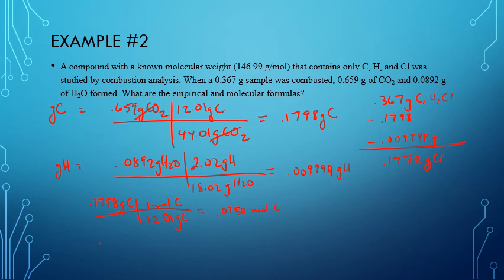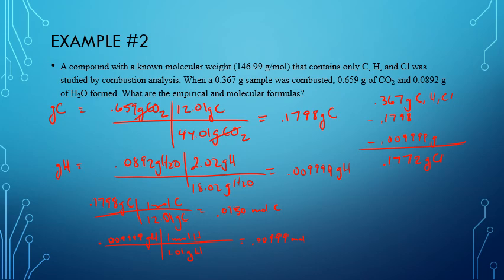We take 0.009999 for our grams of hydrogen, and again we're dividing this by the 1.01 since we're talking about atoms of hydrogen. And we end up with 0.00999 for that.